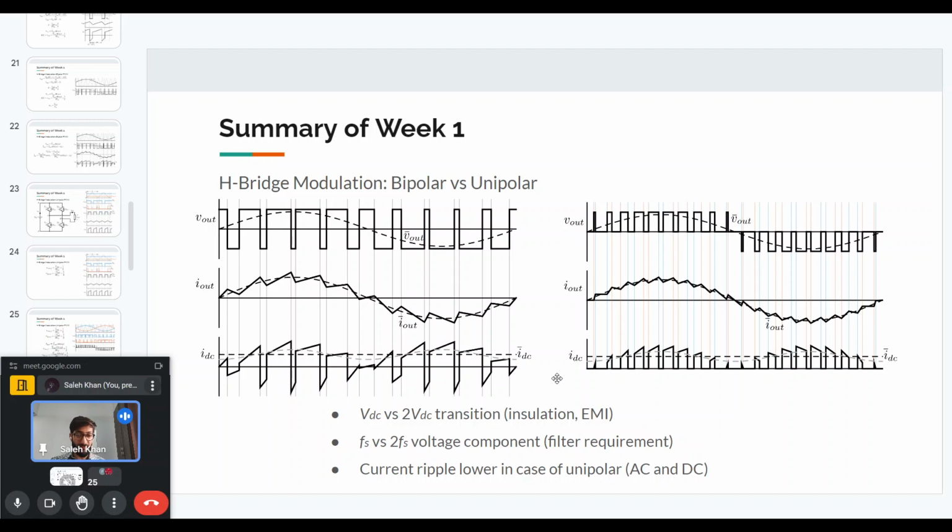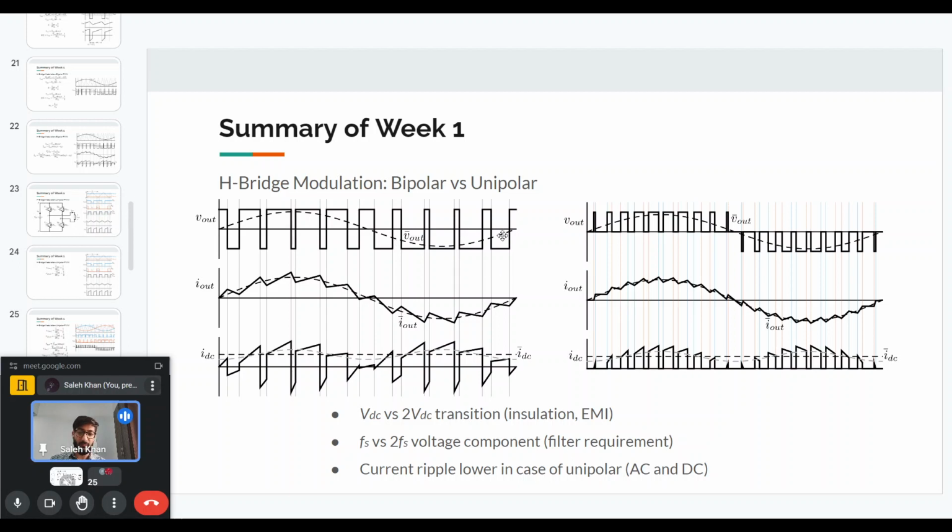So the difference between bipolar and unipolar is that even though unipolar is slightly more complex than bipolar to implement because of having two reference waveforms and the associated comparisons, that complexity, especially nowadays in digital electronics, is not very hard. But the advantages that we get from unipolar make it the preferable modulation technique.